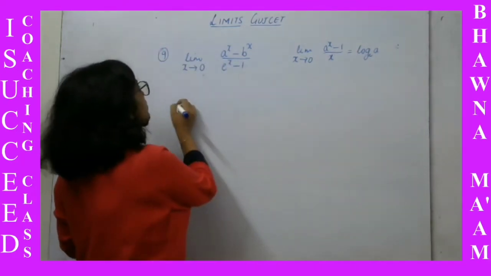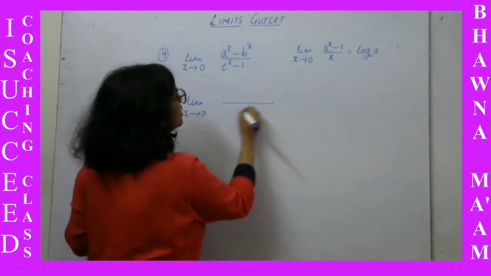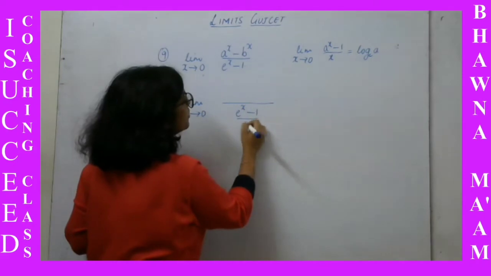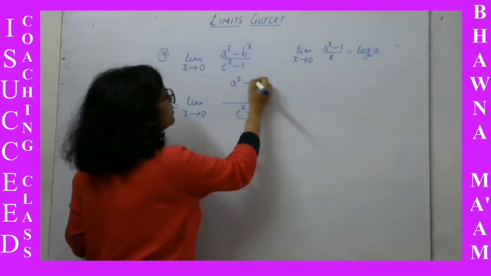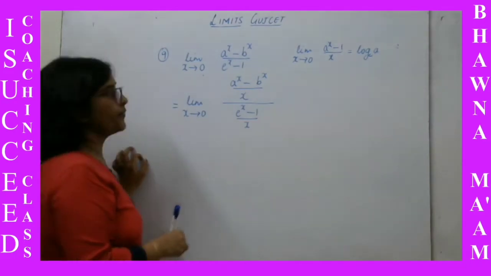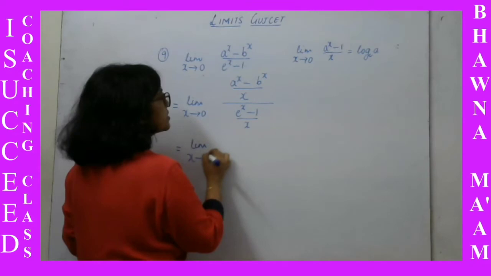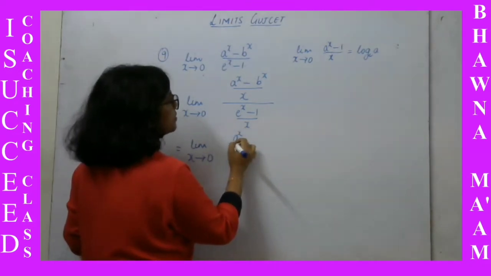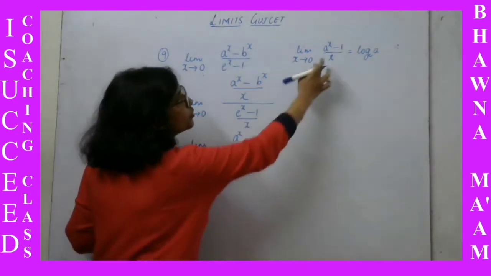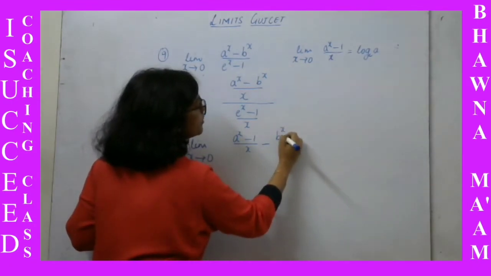That's why what we need here is x in the denominator if we are supposed to apply the formula. So we will divide the numerator and the denominator both by x. So this becomes a raised to x. Now you want minus 1, so let's subtract this, and over here also we will write minus 1.